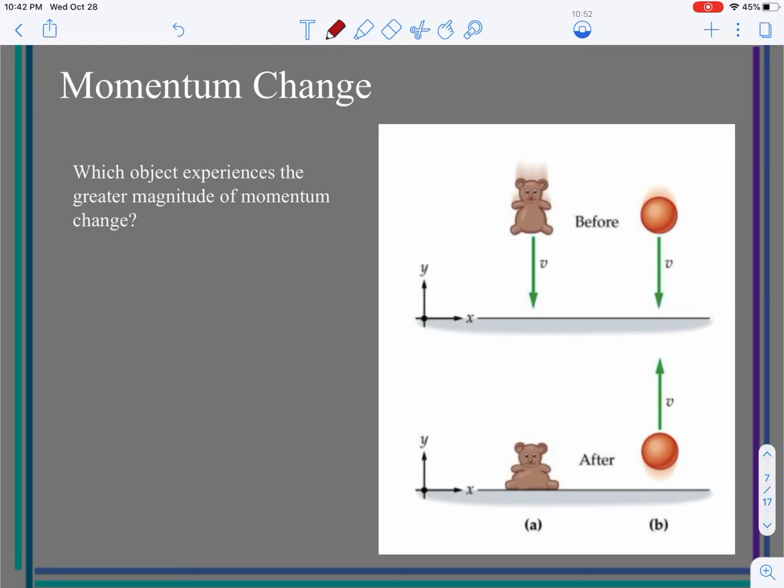Make up numbers, it's totally fine. So we are going to say that our objects, in this case, both have a momentum, and we'll just go with 10 kilogram meters per second. Just totally made up this number, okay?